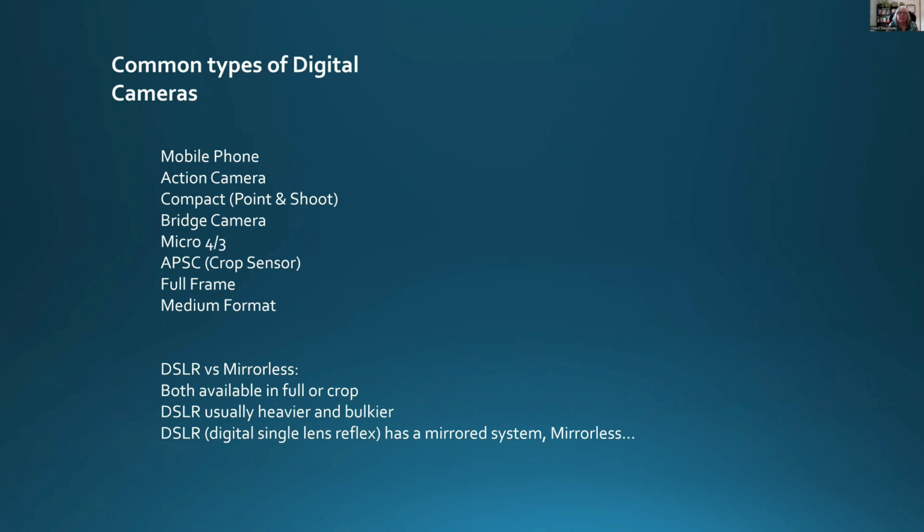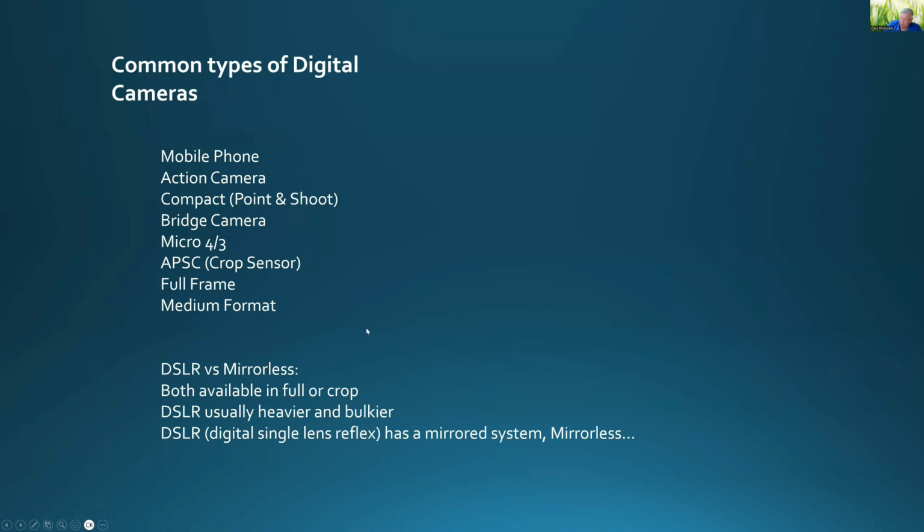Then there's the compact camera or point and shoot, as people call it. It's just a little pocket camera, basically. Bridge camera, micro four thirds, APS-C, which most people call a crop sensor, and full frame, and medium format is above the full frame, so it's larger than full frame.